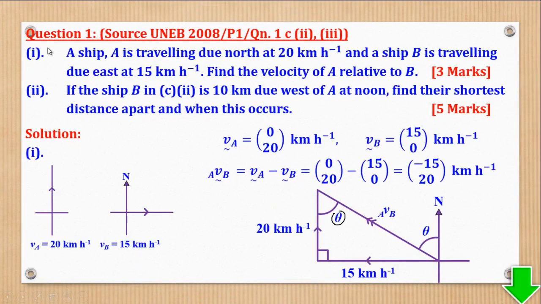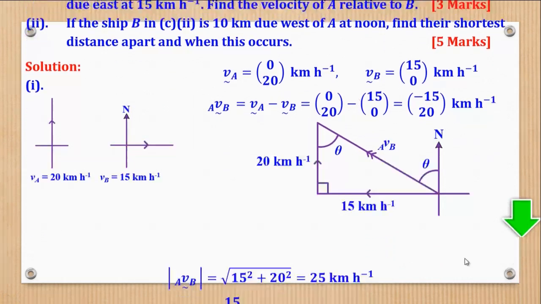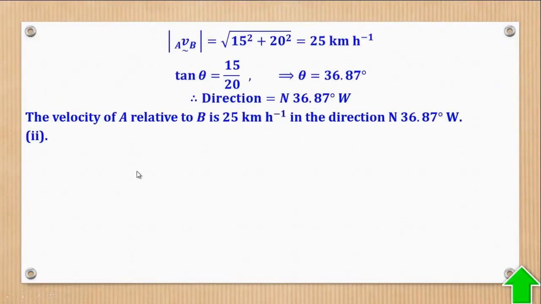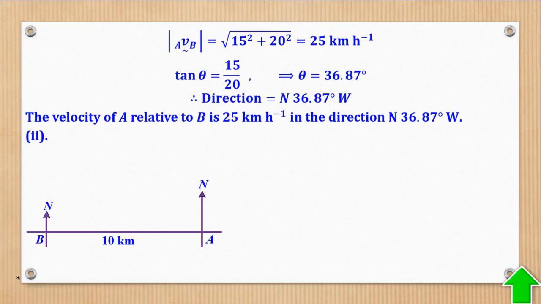Roman 2, they said if ship B is 10 kilometers due west of A at noon, find their shortest distance apart and when this occurs. So we shall go through the steps. One is draw a line joining the initial positions of A and B. They said B is west of A, that is why we put A here.